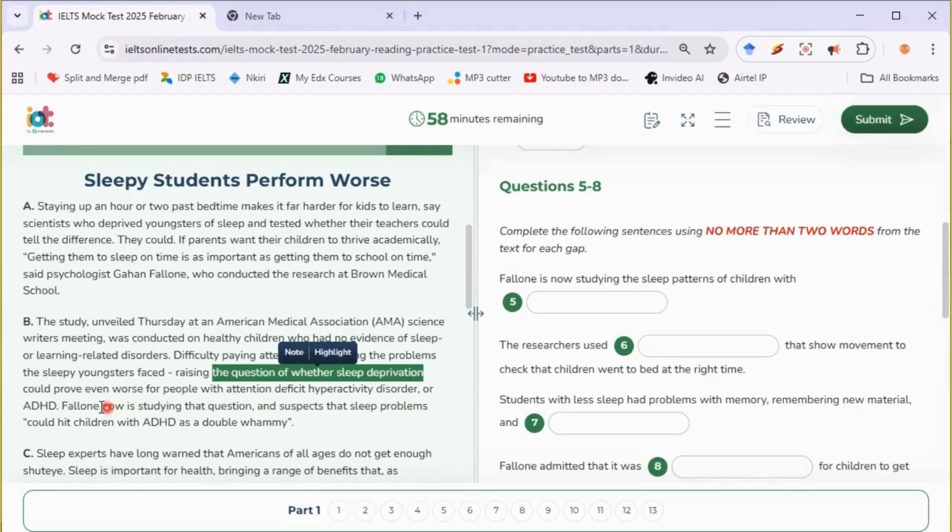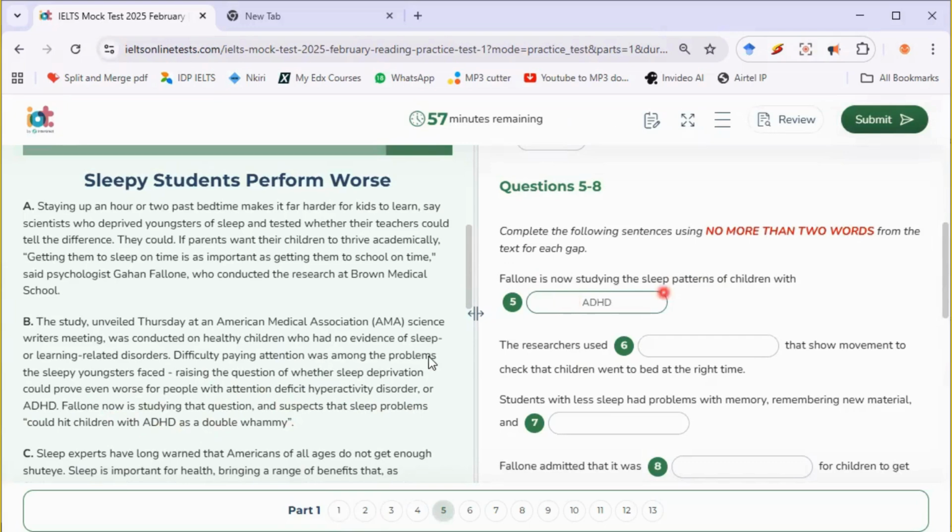Now look at it. Fallon now is studying that question and suspects that sleep problems could hit children with ADHD as a double whammy. So what is he studying here? Fallon is now studying sleep patterns of children with ADHD.